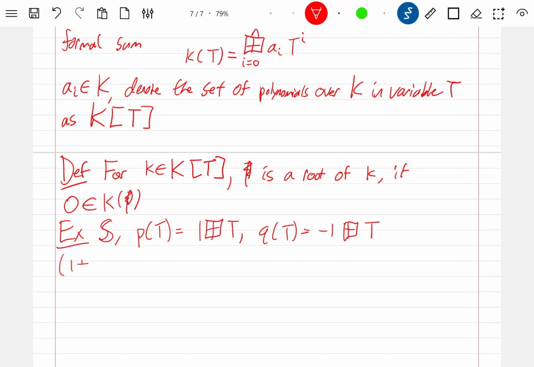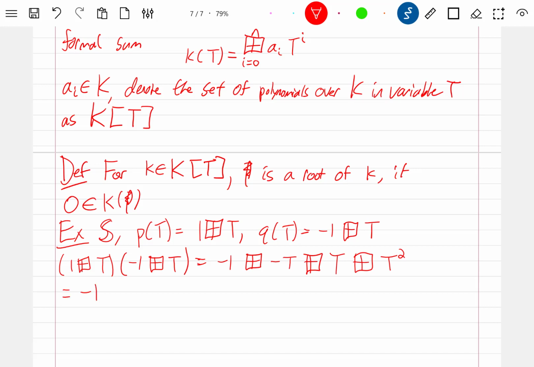If I multiply these together, 1 plus t times negative 1 plus t, what happens? If I multiply them with all the cross terms, I'm going to get a negative 1, plus negative 1 times t, which I'll call negative t, plus positive 1 times t, so I get a t, plus a t squared.